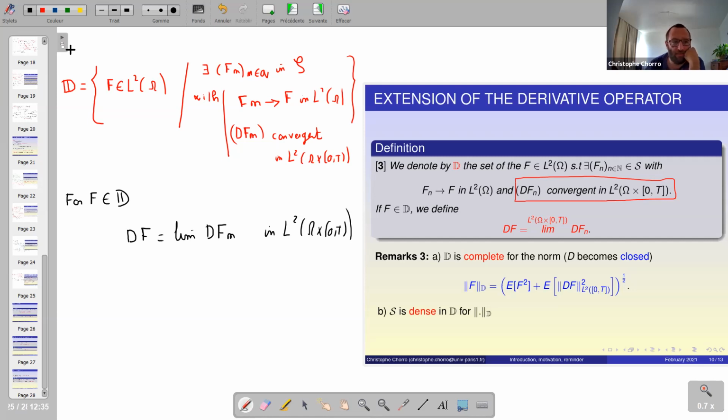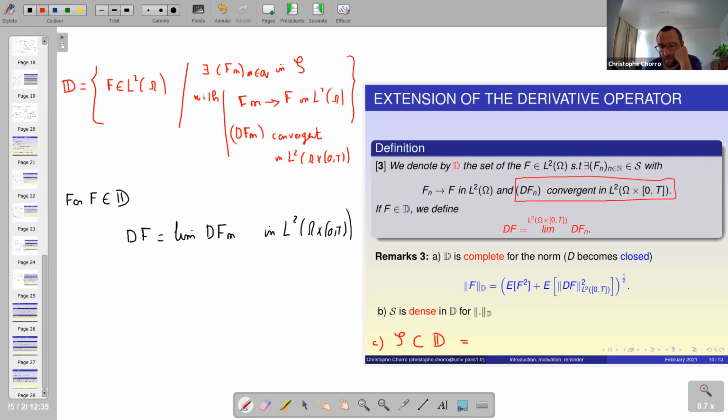The first thing is that by construction, S is included in D. Of course, if you have an element that is in S, I can consider the constant sequence and everything is fulfilled.